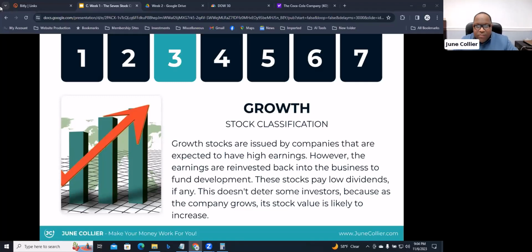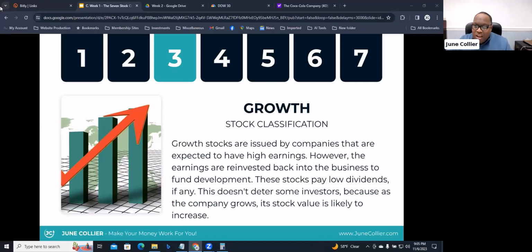Okay, so let me give you a few companies that are reinvesting. Definitely not Procter & Gamble. Procter & Gamble is not reinvesting heavily in their business. They are well established. Let me give you some companies. We got Amazon. Amazon is constantly growing. They're constantly expanding. They're putting money back into their business. Microsoft.